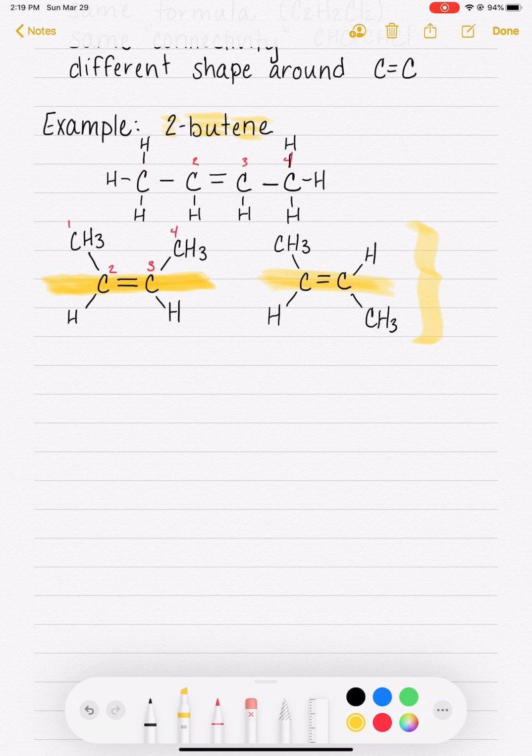It could be either one. If we want to communicate one particular isomer over the other, then we will use the prefix cis or trans at the front of the whole name to indicate the actual shape of the molecule.